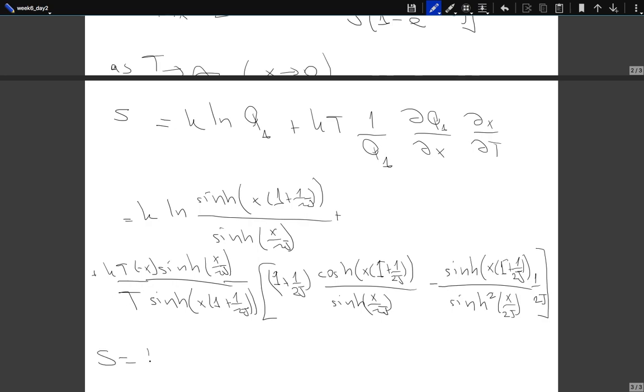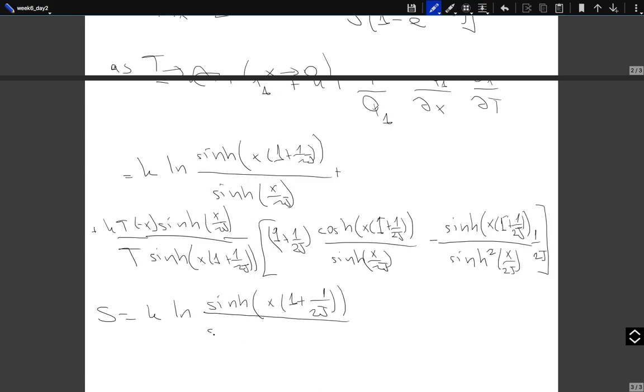So S is k times logarithm of sine hyperbolic x times (1 plus 1 over 2j), divided by sine hyperbolic x over 2j.